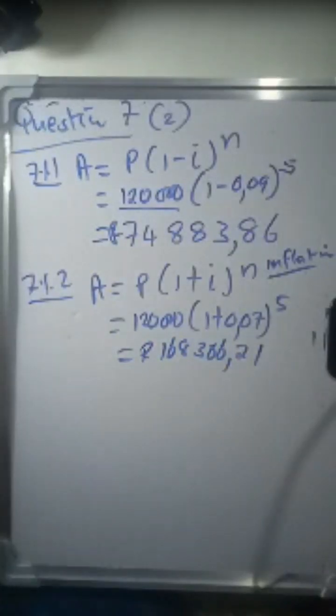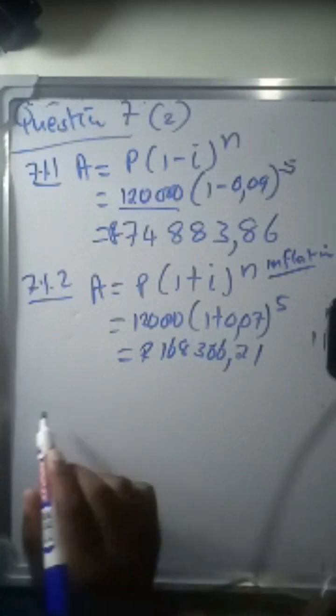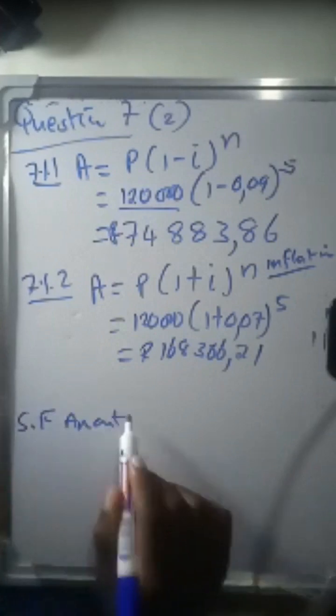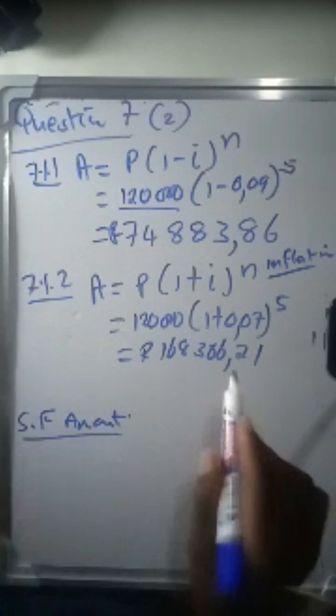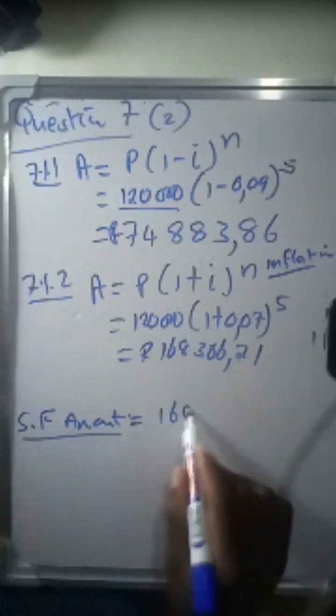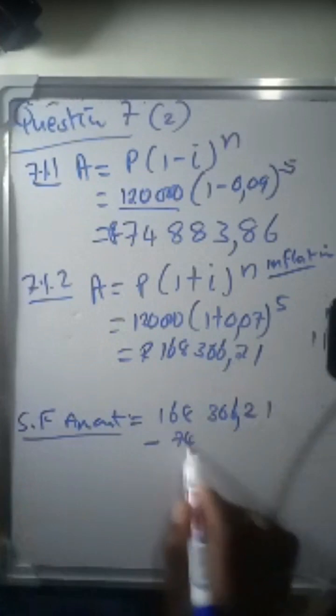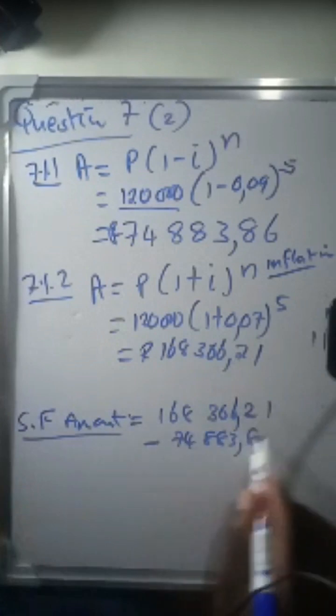Okay. So usually, if we're going to calculate the amount that we need in the sinking fund, we're going to say sinking fund amount, the amount that we need in the future. We're going to say 168,306.21 minus 74,883.86. Why?